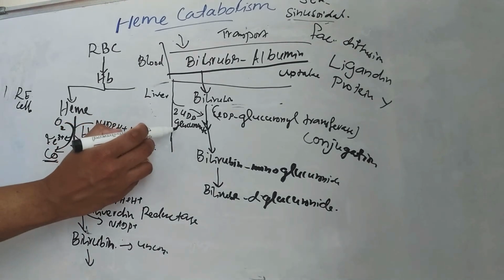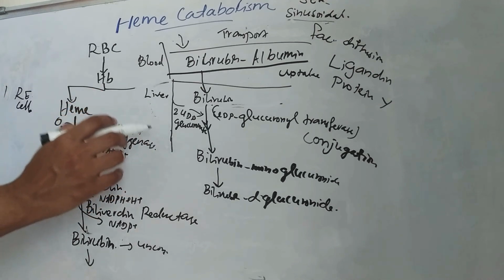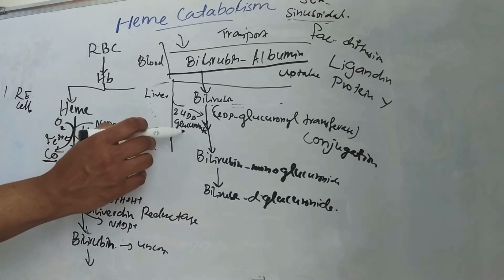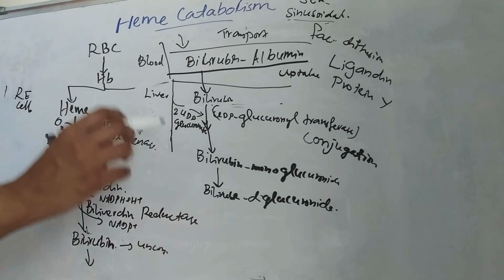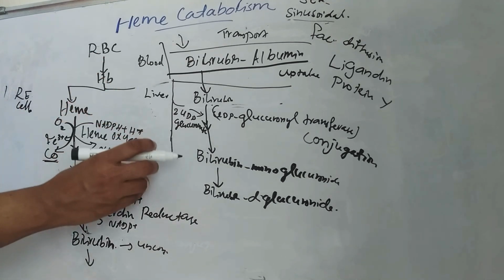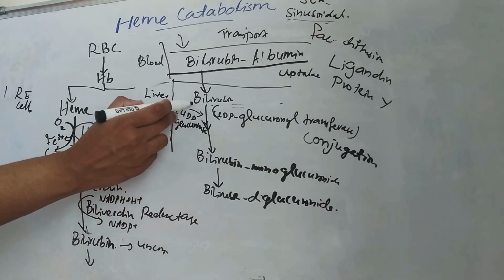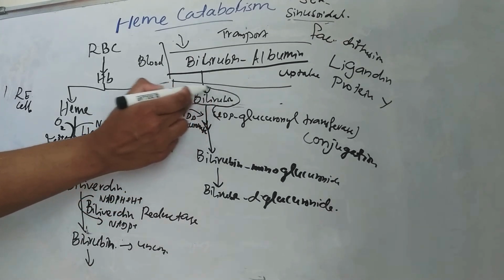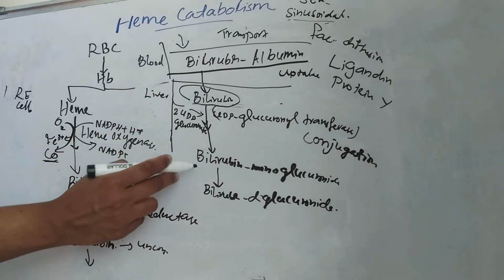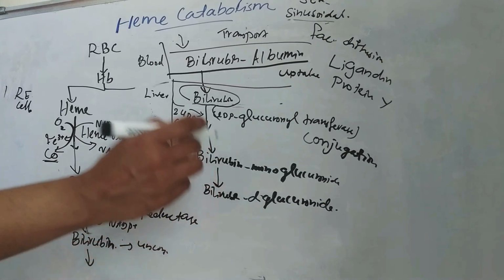So two glucuronyl groups are transferred from UDP glucuronate. Glucuronic acid is attached to the propionic carboxyl group of bilirubin to form bilirubin monoglucuronide and bilirubin diglucuronide.